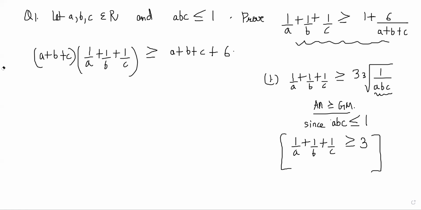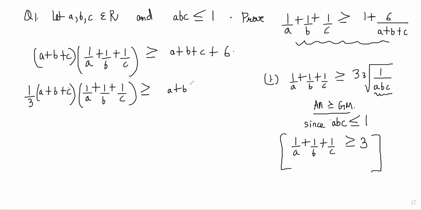So what I want to find out is what is 1 by 3 of a plus b plus c multiplied by 1 by a plus 1 by b plus 1 by c, right? Now, this thing will be greater than equal to a plus b plus c.